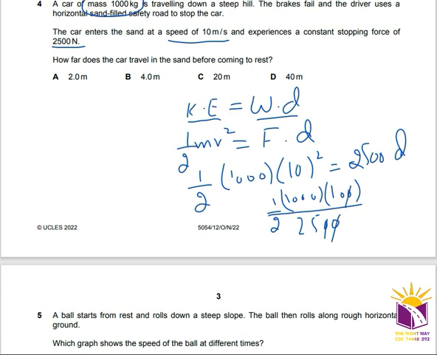So 2 zeros cancel out with 2 zeros, to 1 times 200, to 500 times 1000, and 25, 20 times 50. So my distance will be equal to 20 meters. 20 meters is the distance after which the car comes to rest.